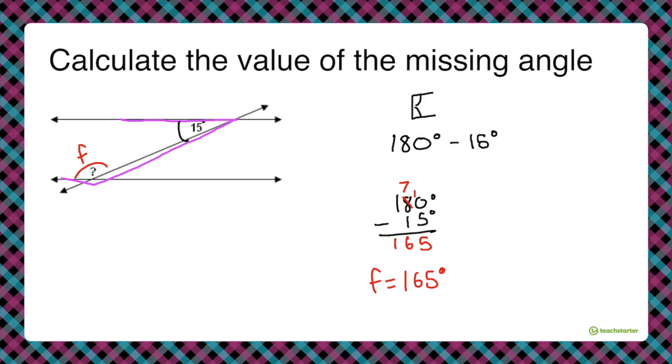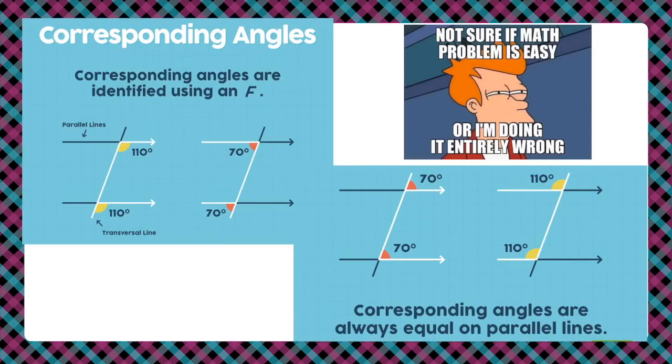So let's quickly look at all angles with a transversal. So we have our corresponding angles. For corresponding angles, we're looking for the F, and I have the 4 examples of the F here. We have the straight F, the backwards F, the backwards upside down F, and the upside down F. And we're going to remember that on parallel lines, they're equal.